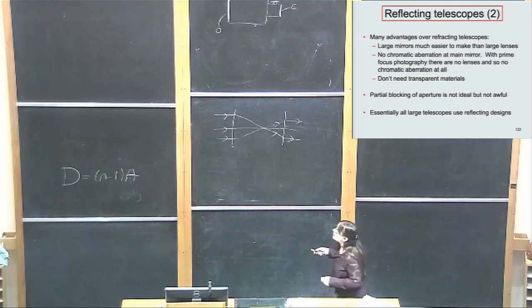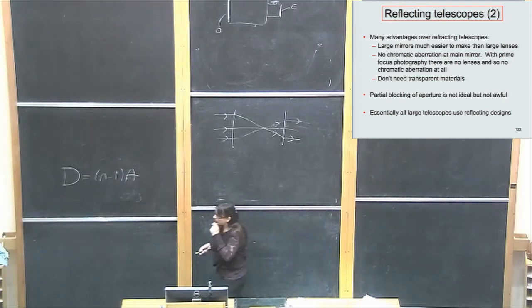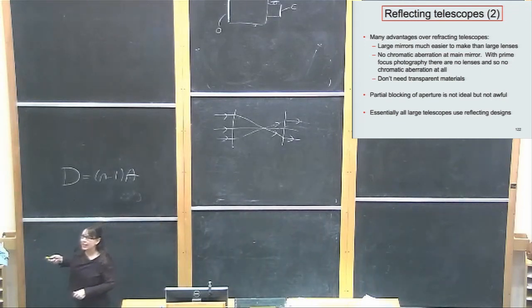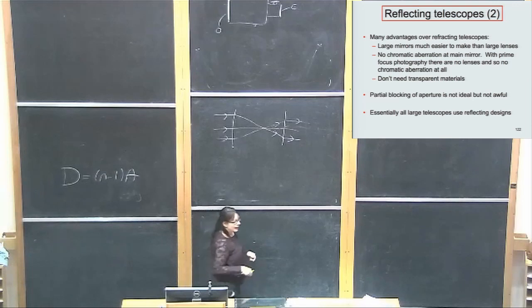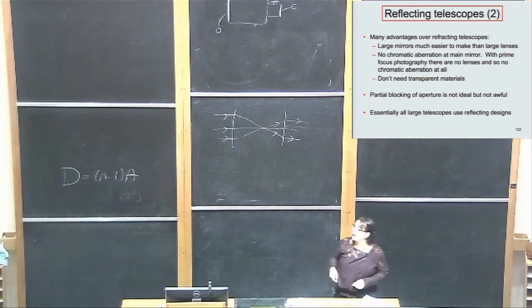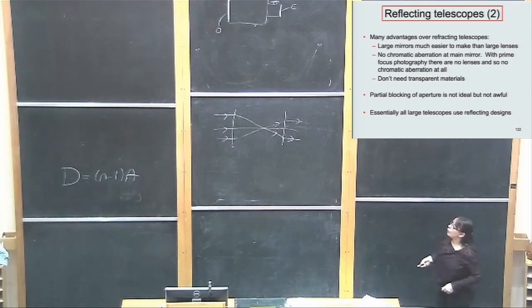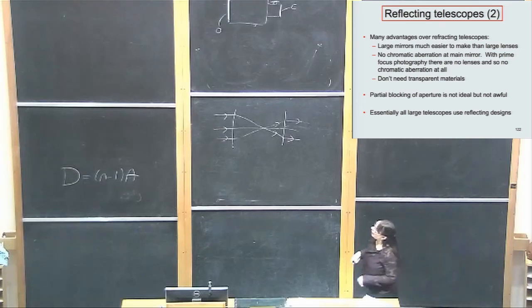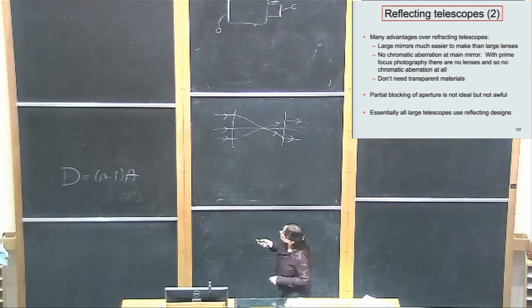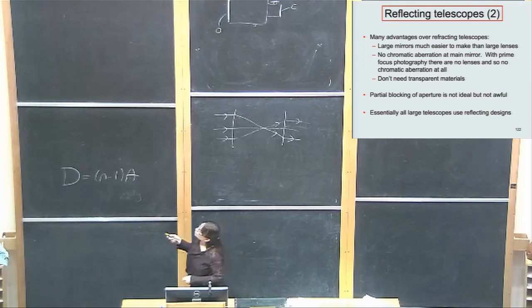Okay, so why are these better? There's lots of advantages, actually. One thing is that it's a lot easier to make a large mirror than it is to make a large lens. A mirror just needs a front, essentially. A lens needs a front and a middle and a back, and the middle can get quite bulky and expensive and heavy. Something else we'll talk about in a minute is chromatic aberration.